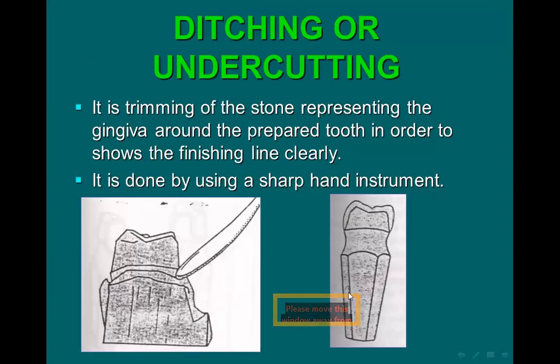After we remove the die from the cast, we are going to trim, or remove, the part which represents the gingiva around the prepared tooth, in order to make the finishing line clear and easy to see, and very easy to apply the wax on the finishing line to produce a perfect margin.